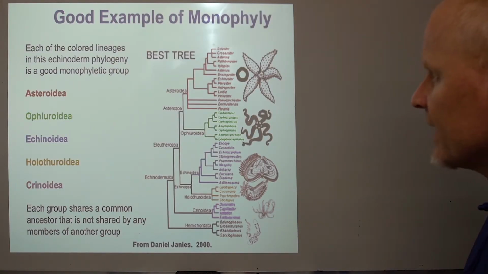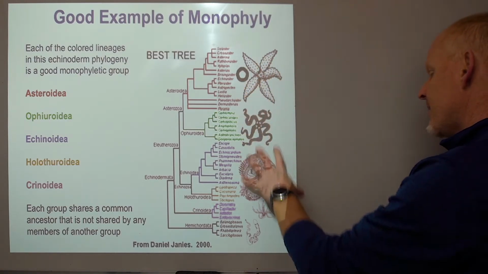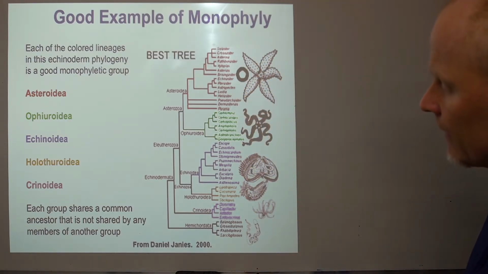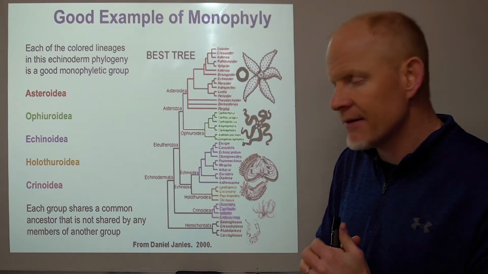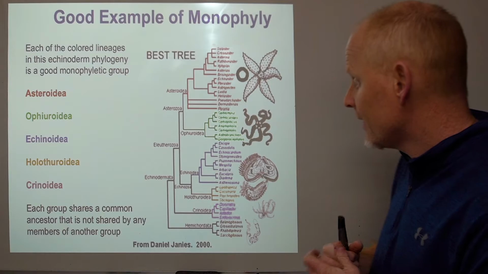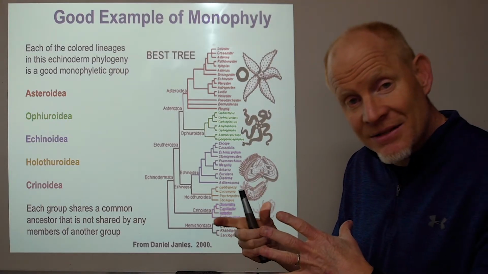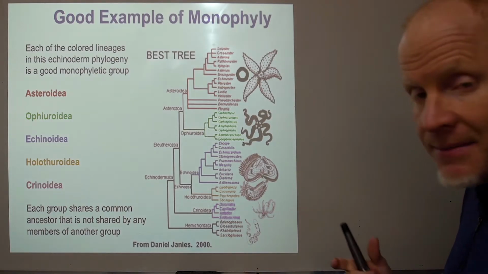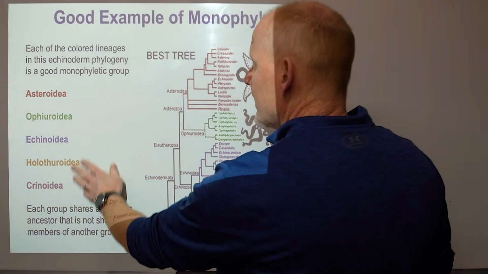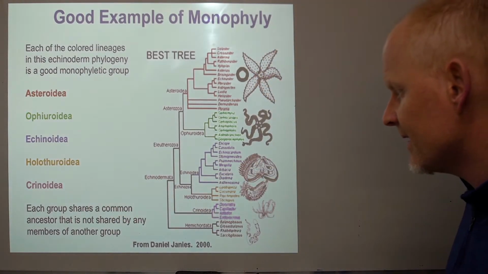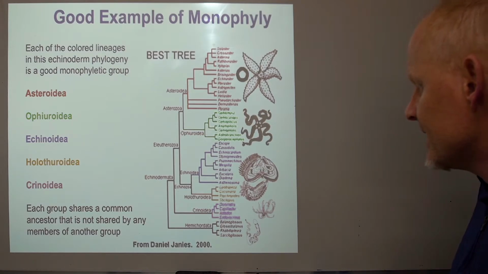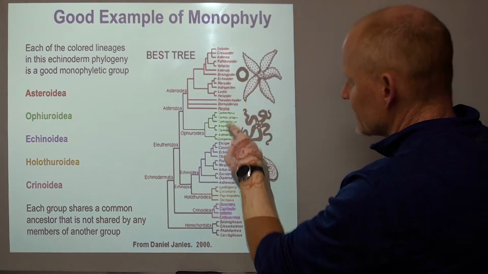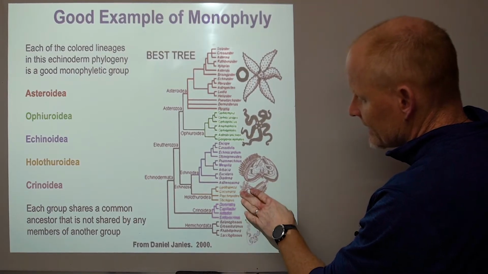Okay, here's good examples of monophyly. So here, these are basically starfish, what we call sea stars. They're echinoderms. Echinoderms, if you remember, are a group that is sister to chordates, or the most closely related group to chordates. We like to use them sometimes as an outgroup. And this shows you a couple of different what we call superfamilies, and they show your organisms in red, green, purple, and orange.